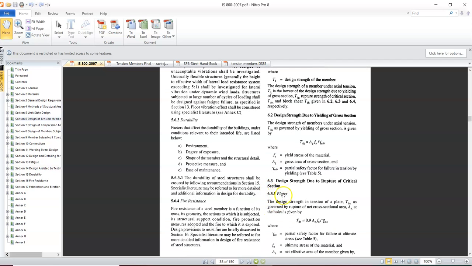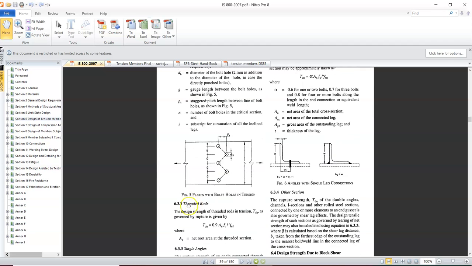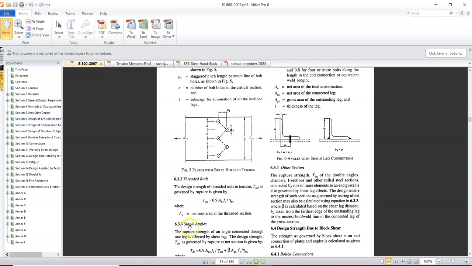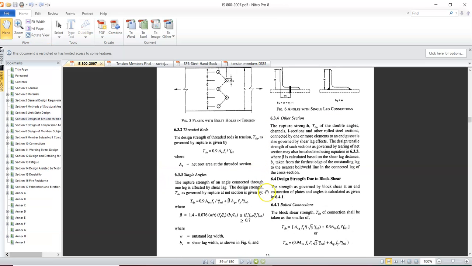Subclause 6.3.1 is for plates, 6.3.2 is for bolts, and 6.3.3 is for single angles. A last one, block shear failure. Design strength due to block shear failure is given in clause number 6.4. With this, we'll directly go to the problem.